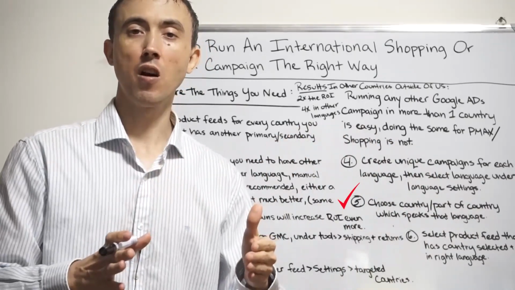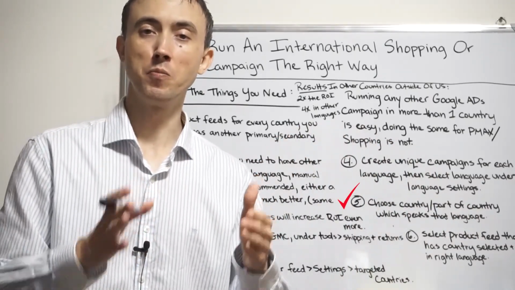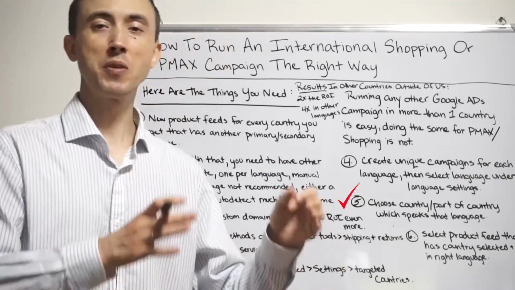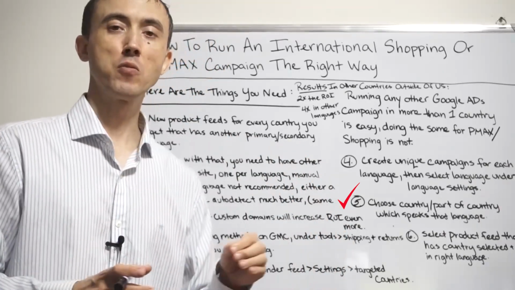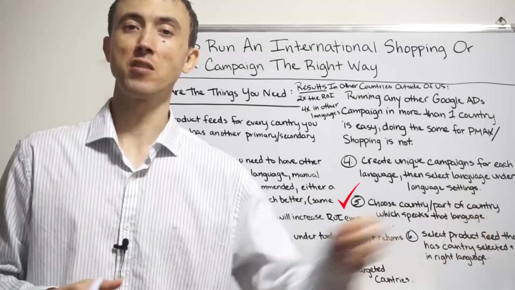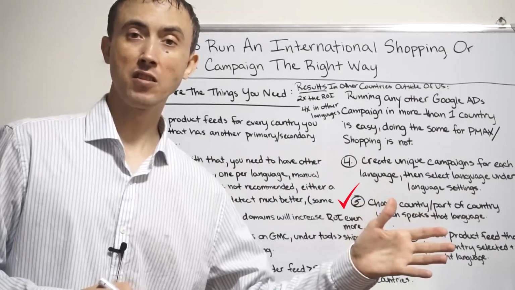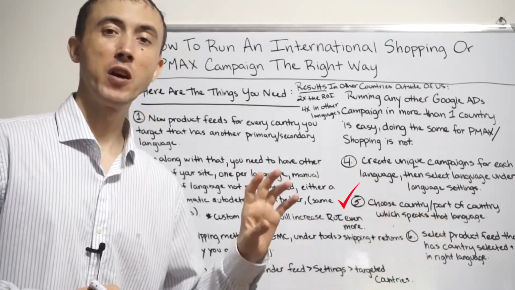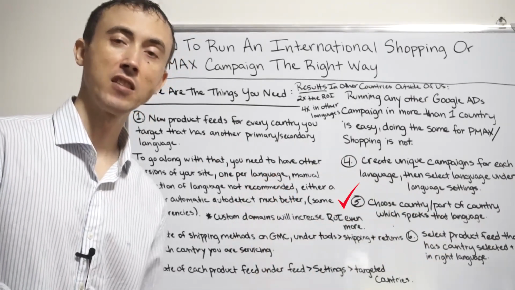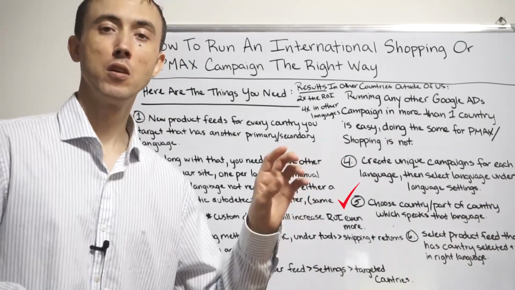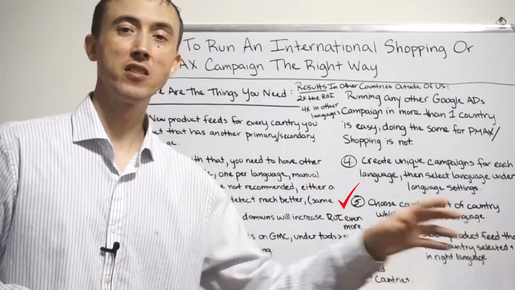We're promoting our products to French-speaking people in Canada. So we would set up a separate campaign which pulls from our French translated product feed. In the language settings, it's going to target French, and under the location settings, it's going to target Canada as a whole.